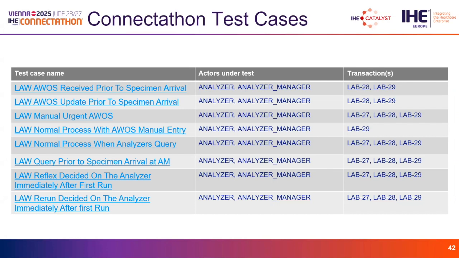So vendors will have to demonstrate their communication on the transfer of analytical work order steps between the two, from the point of view of what is required by the profile. So as you can see. Next.